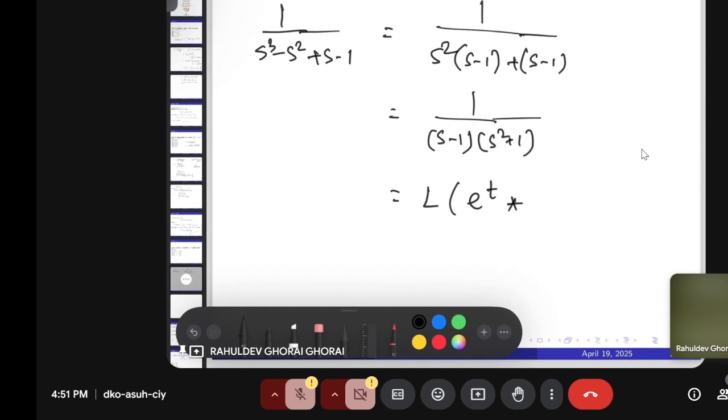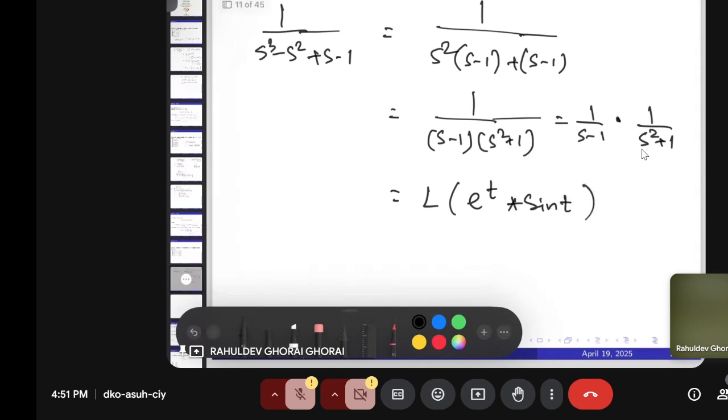Because you can write it as 1 over s minus 1 times 1 over s square plus 1, so the other factor will be sine 1t, meaning sine t.